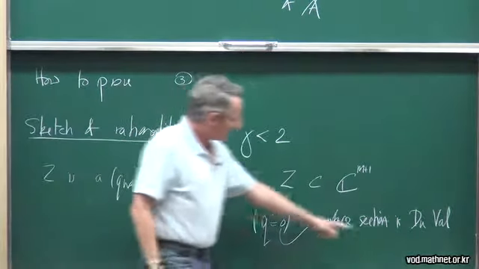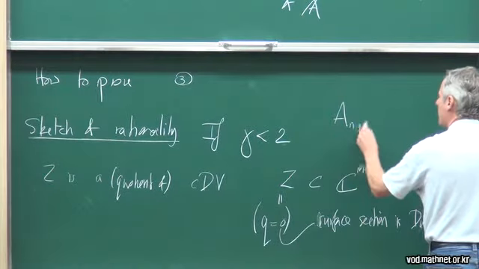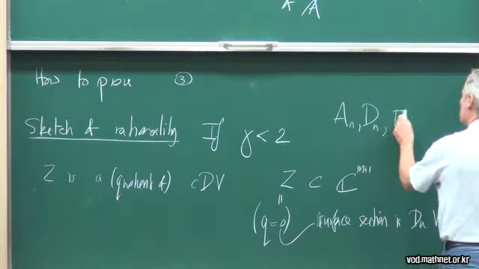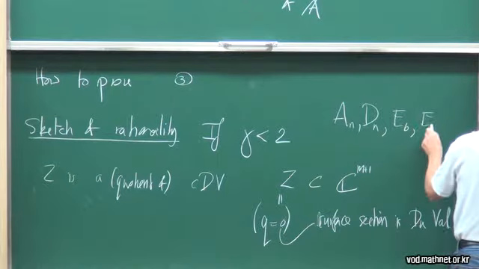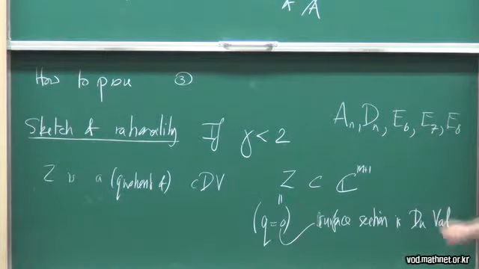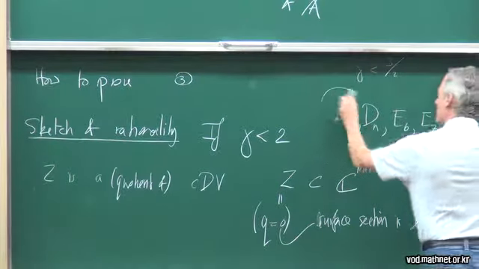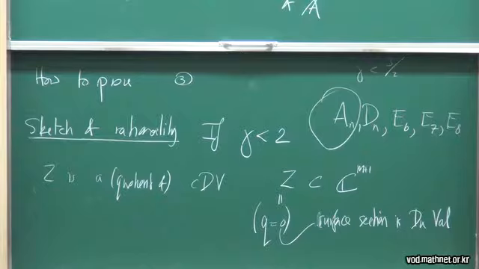And of course, Duval singularities come in a bunch of types. There's A_n, D_n, E6, E7, E8. And then if gamma is less than 3/2, you can show that you always get A_n. That's just some reasonably standard computation of log canonical pairs, surface pairs.